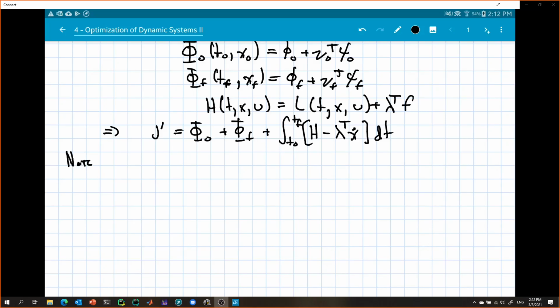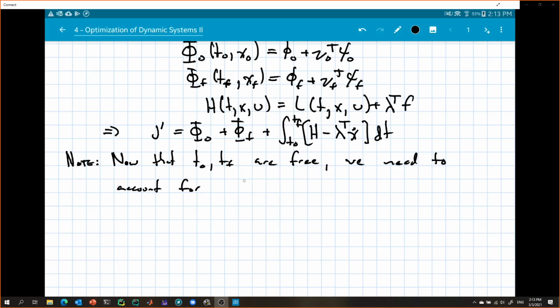So note, now that t naught and tf are free, we need to account for the changes in time as well.